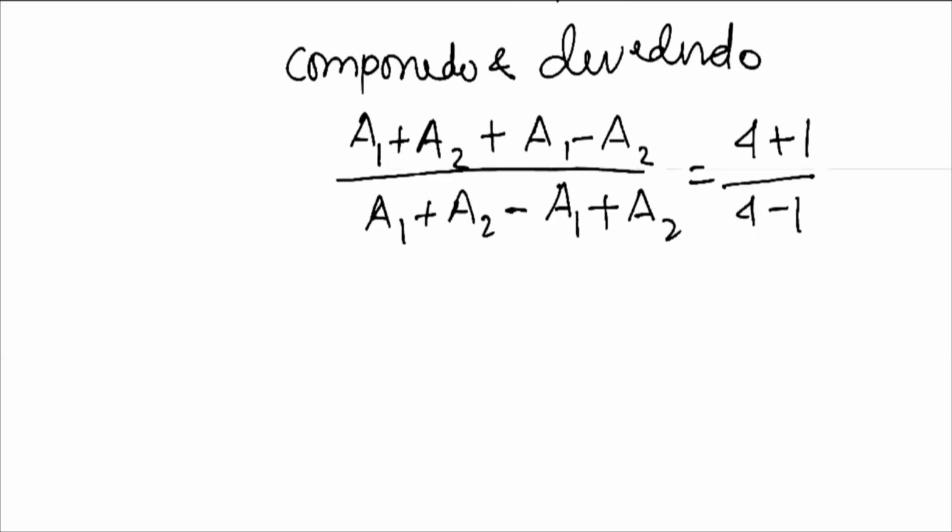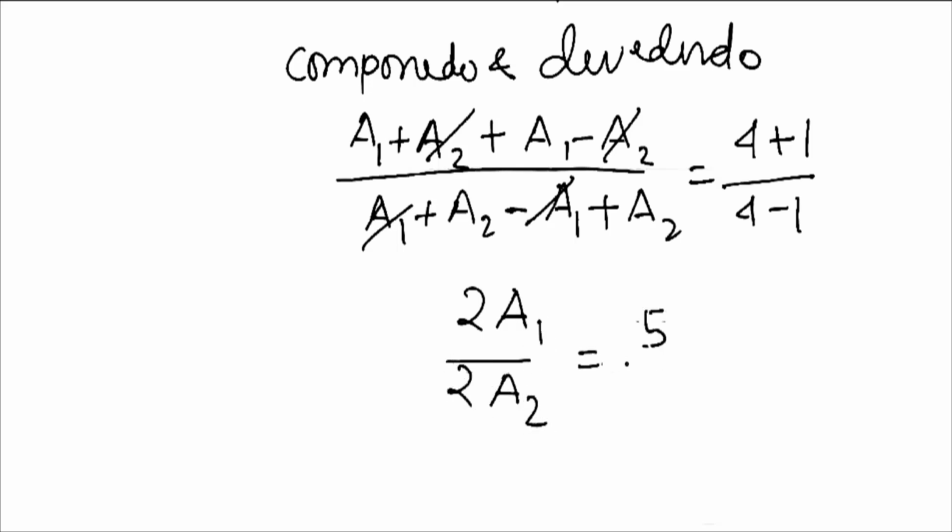The minus and minus make plus, so here A2 and A2, and A1 and A1 are cancelled out. So what is left? 2A1 by 2A2 equal to 5 by 3. The 2 again cancels out, so now we have A1 by A2 equal to 5 by 3.